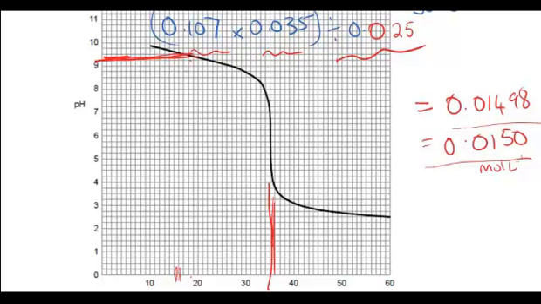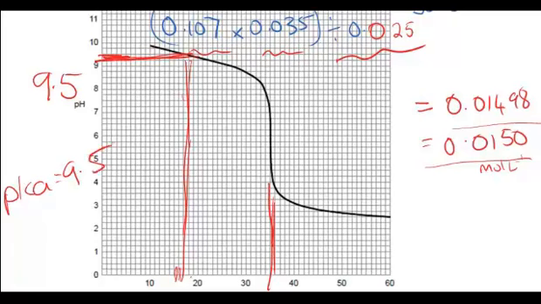If you do this interpolation accurately and precisely, you'll find a value of 9.5. That's going to be your pKa equals 9.5.